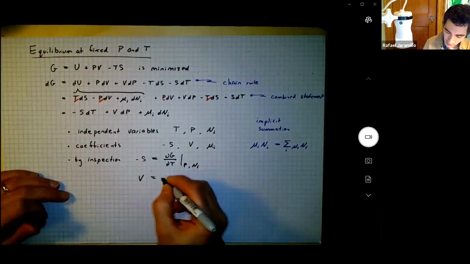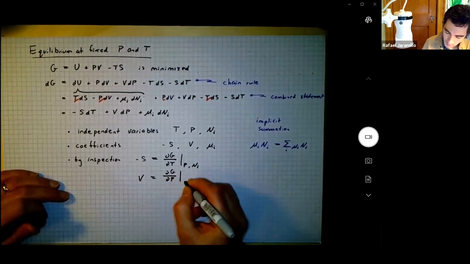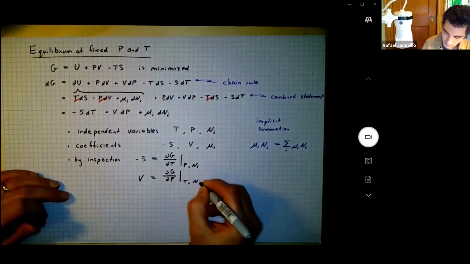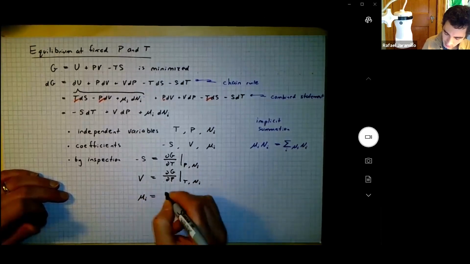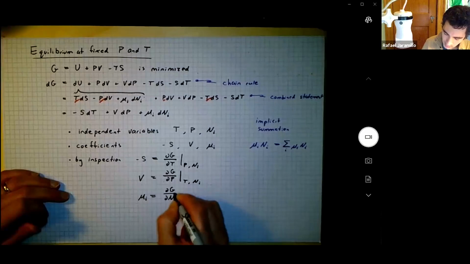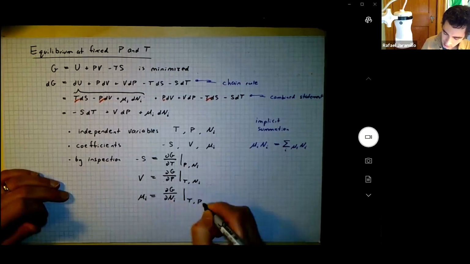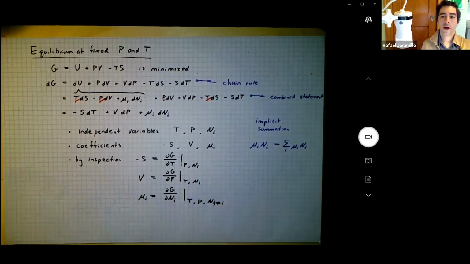Volume describes the change of Gibbs with pressure at fixed temperature and particle number. And finally, our favorite, chemical potential, describes the change of Gibbs with particle number i at fixed temperature, pressure, and particles j not equal to i.